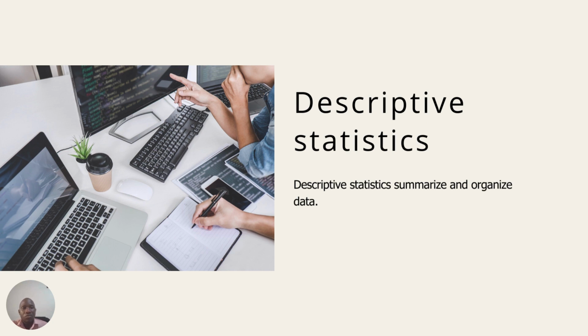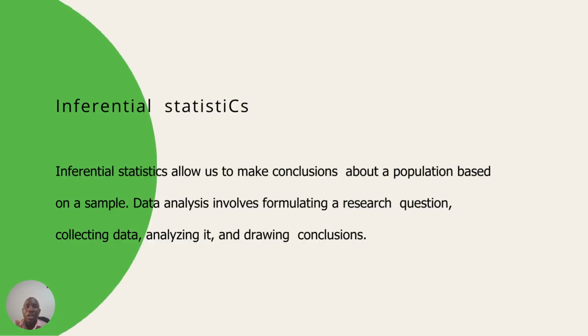Often when we are talking about biostatistics, especially in this module, we are going to look at two major branches of biostatistics and what they tell us in terms of public health, nursing, and all the other health sciences. So we have descriptive and inferential statistics. Descriptive statistics deal with making sure that data is organized and summarized.